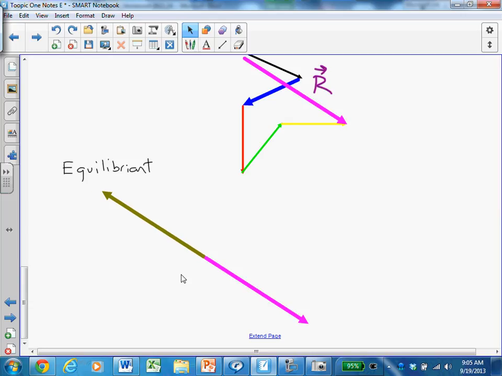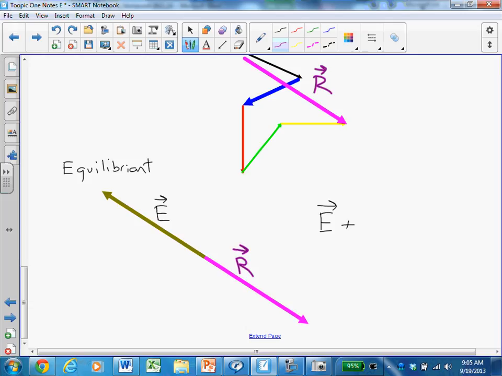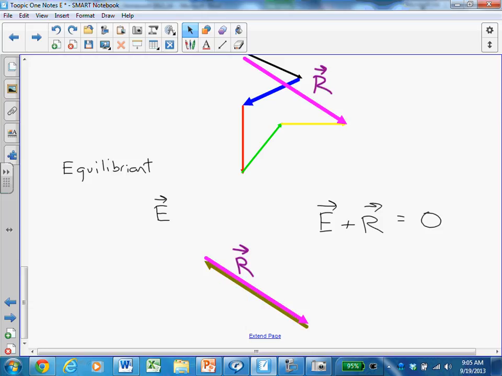This is E, the equilibrium. This is R, and E plus R equals 0. See, because if you arrange them head to tail, where do you go? You get 0, don't you?